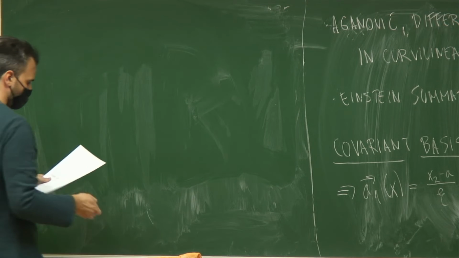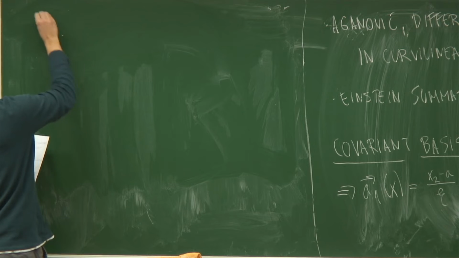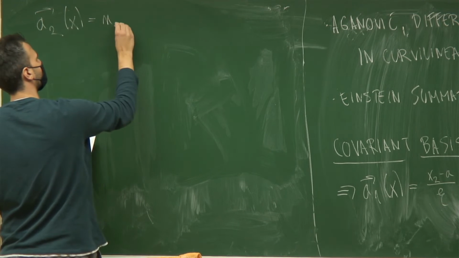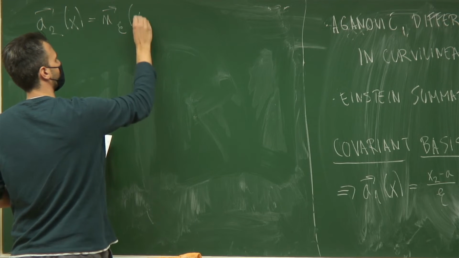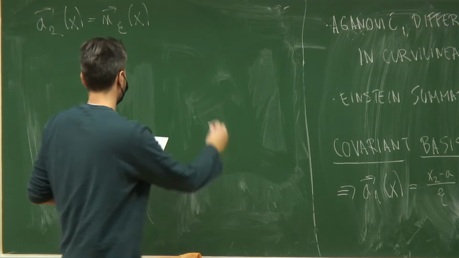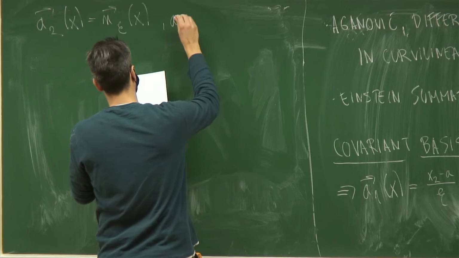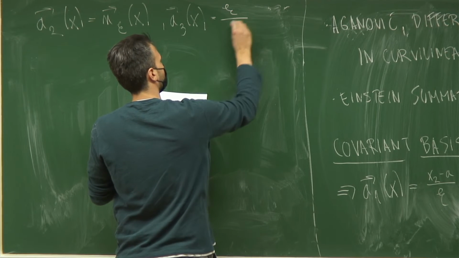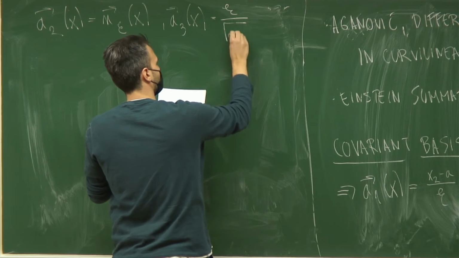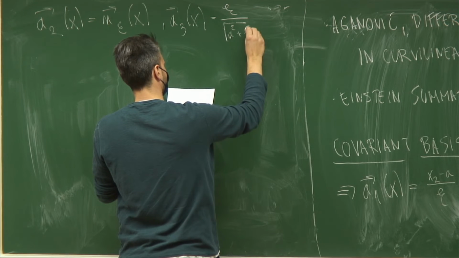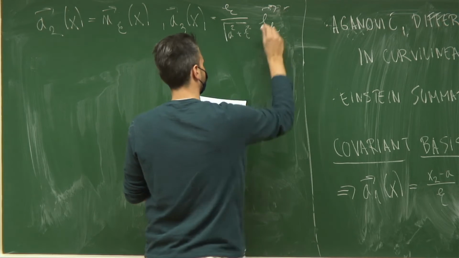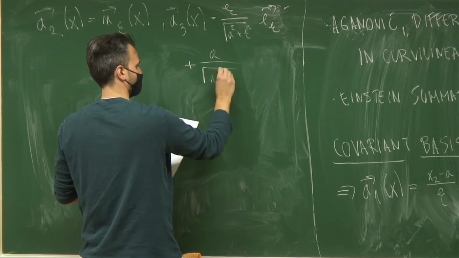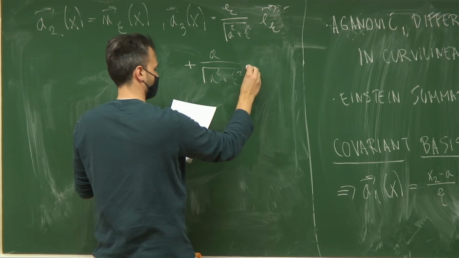So a2 of x is the normal vector of x, and a3 of x is epsilon over the square root of a squared plus epsilon squared times e epsilon, plus a over the square root of a squared plus epsilon squared.